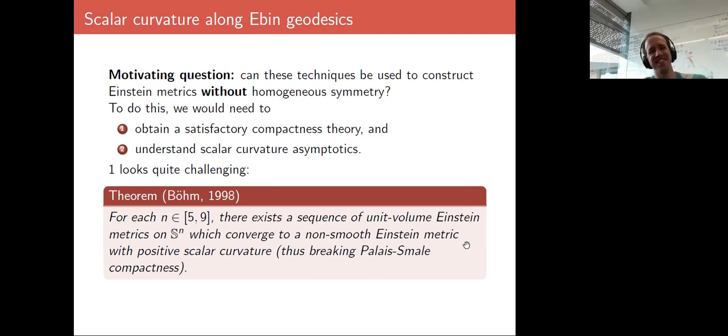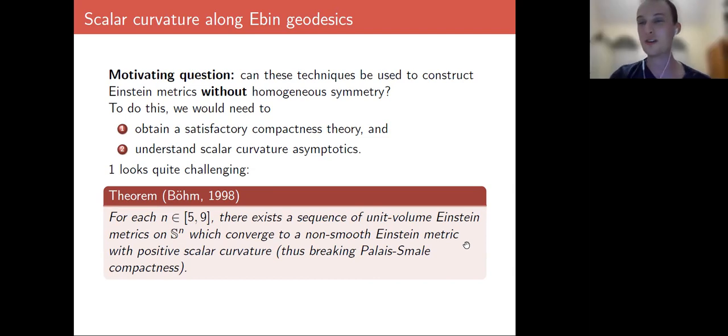Yes. So spoiler, anyone who's an expert in this will know that, starting in dimension 4 and higher, compactness theory is really quite challenging if you're not going to impose any symmetries at all. In fact, over 2 decades ago, Christoph Böhm constructed a sequence of examples of cohomogeneity 1 Einstein metrics, so non-homogeneous Einstein metrics.